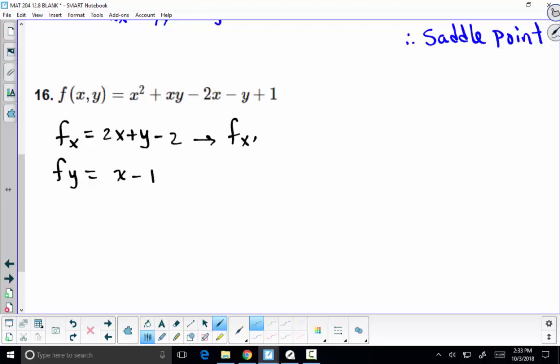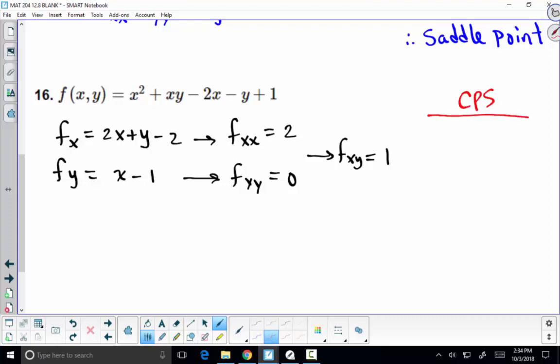F sub xx is going to be 2. F sub yy is going to be 0. And then f sub xy looks like 1, which is the same as f sub yx.